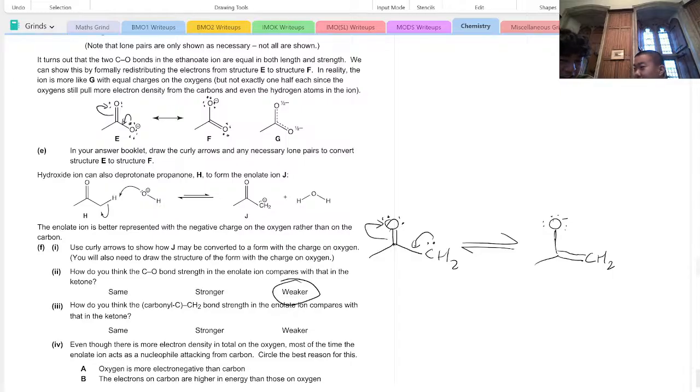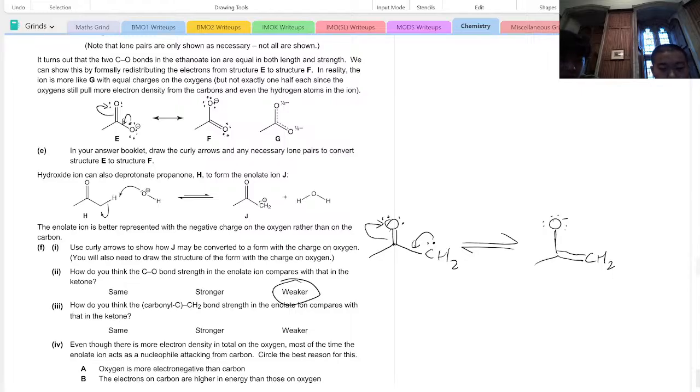Is it? It depends on the molecule. Fine. How do you think the carbonyl C–CH2 bond strength in the enolate ion compares with that in the ketone? What's carbonyl C? Is that the C double bond O?